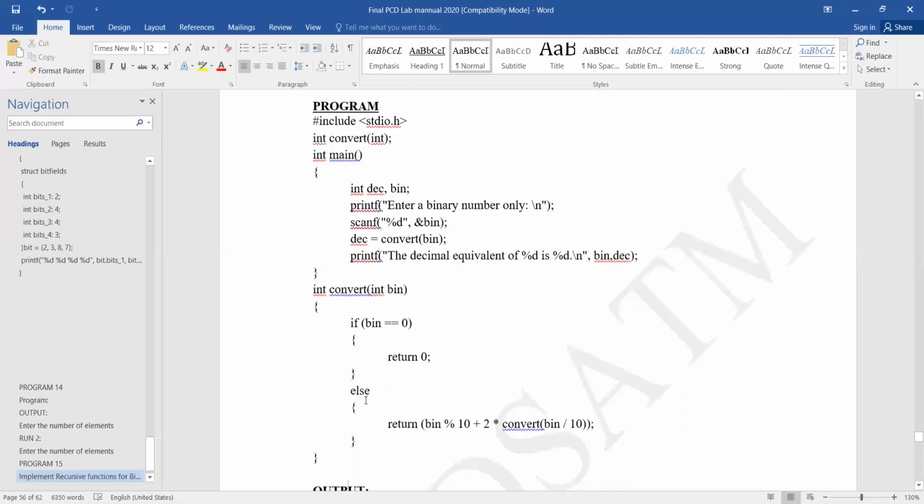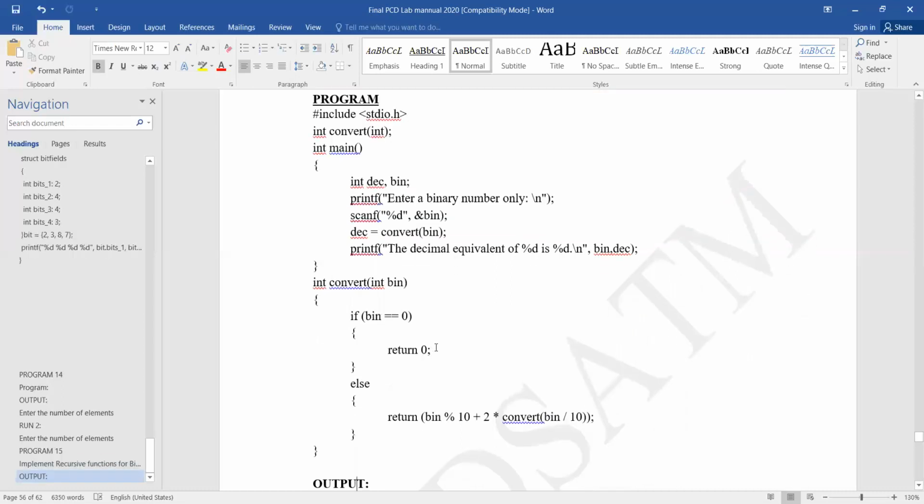Now it checks whether bin is equal to 0. If it is equal to 0, then it returns 0, else it returns bin modulus 10, that means n modulus 10 plus 2 star convert n by 10. Instead of n, please consider bin. After doing all the iterations, it finally returns the integer value back to the calling function. The calling function is the main function, and that value is stored in the variable dec.